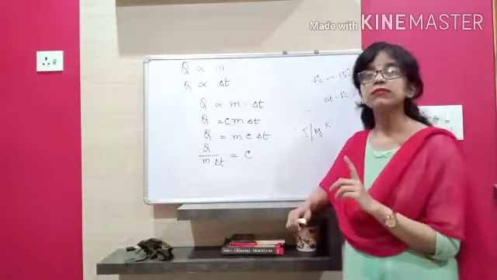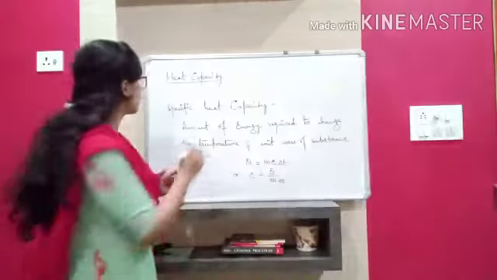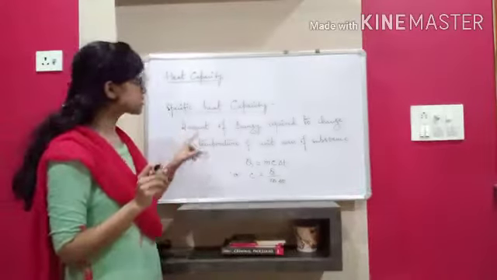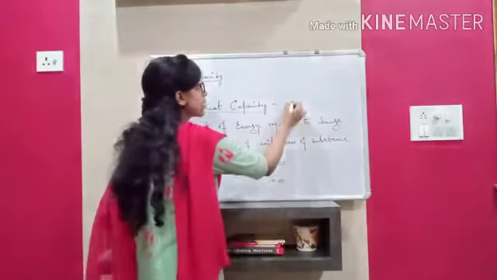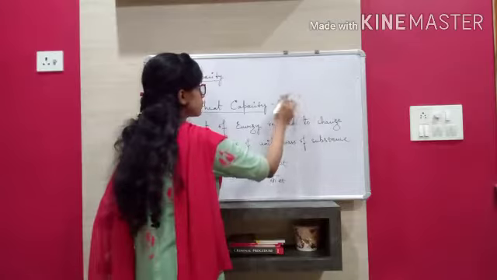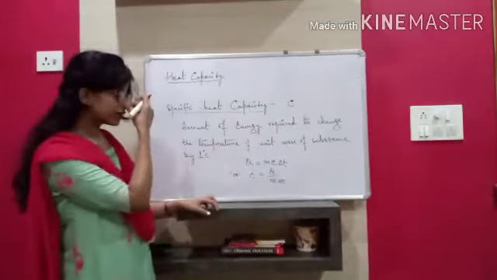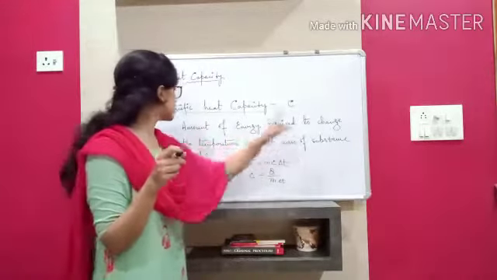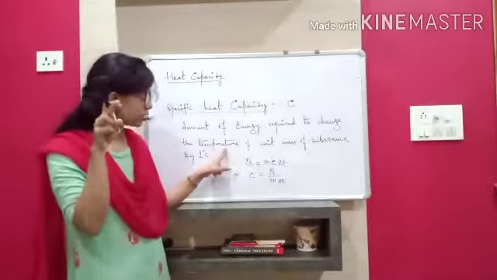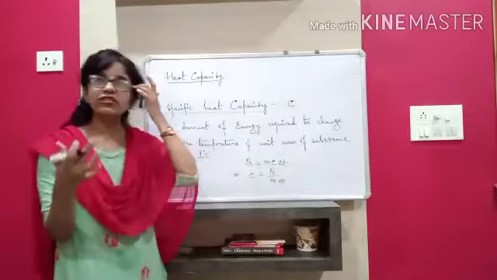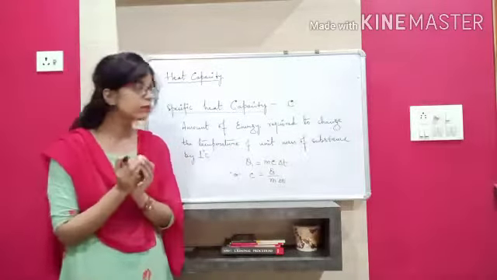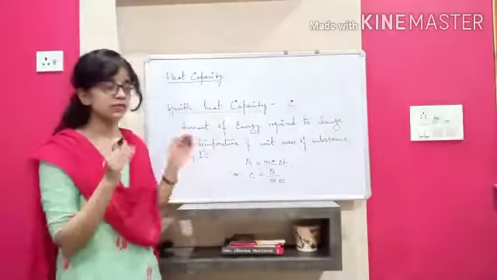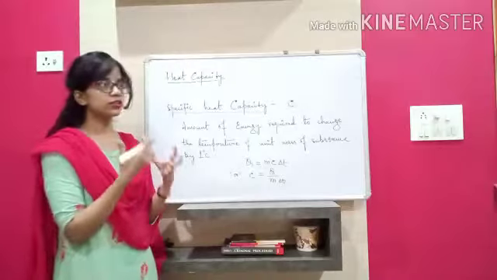Now we have another term, that is heat capacity. Here I have written the definition so you can see properly. Specific heat capacity, which we denote by small c: the amount of energy, of course Q, required to change the temperature, that means delta T, of unit mass, whatever substance we are taking, by 1 degree Celsius, that means 14 to 15 or 30 to 31.